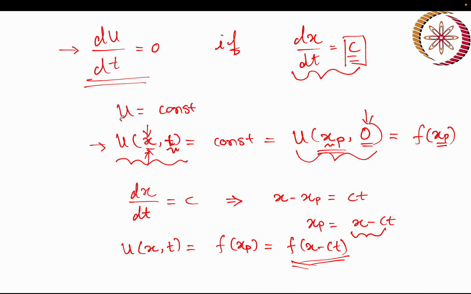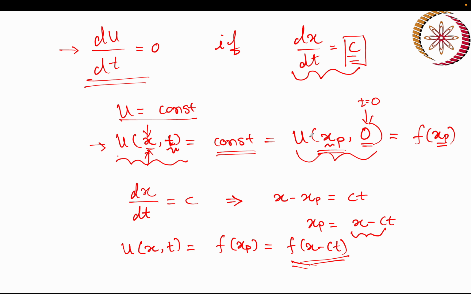So u of x of t, as we are moving, is constant, so whatever shape u has at time t equal to 0 should be conserved, so this shape will not change.